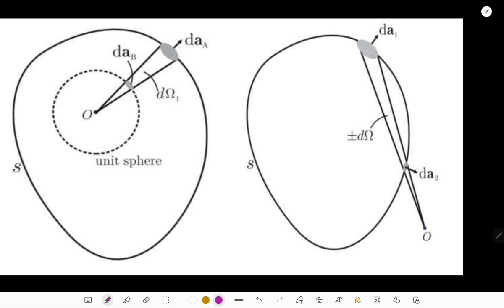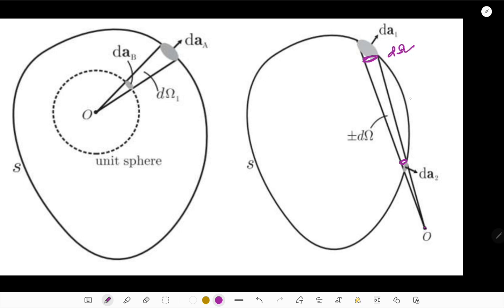At this point O, the solid angle is going to be subtended by the base of this cone here, and by the base of this cone, and these distances are quite small, you might want to ignore them, and this surface area is going to subtend both the solid angles.